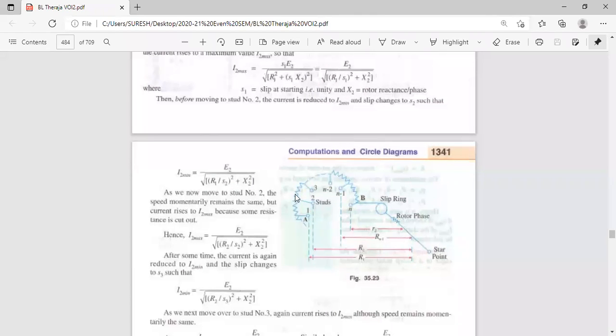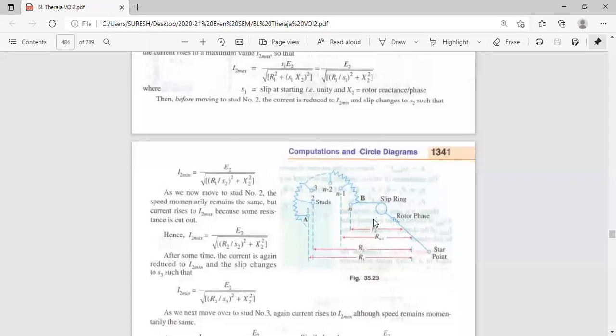R1 is the entire resistance in between A and B plus the rotor. The rotor has some resistance inside it. The resistance of the rotor is R2. Then what is the resistance in between A and B? The entire resistance from A to B is R1.